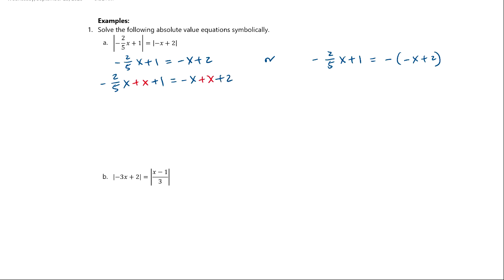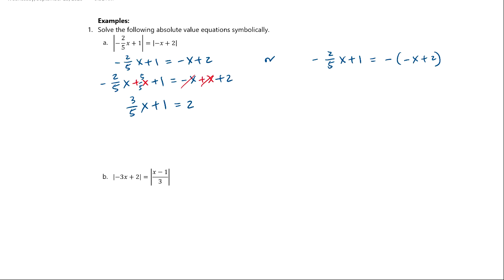Over here on the right side, I have negative x and x cancel each other out. That should be what we were aiming for. And negative 2/5 plus x, x is really 1x, or in this case 5 over 5 x. Because of this, we can have the result of negative 2 plus 5, which is 3 over 5 x plus 1 is equal to 2.